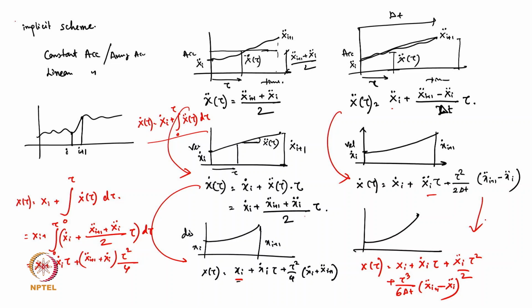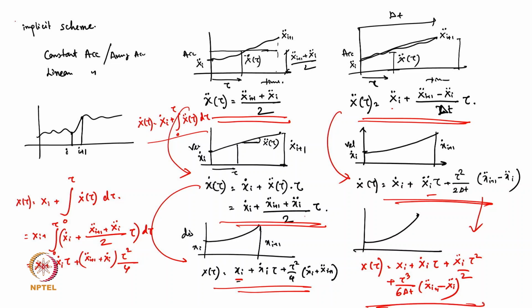So these are my first acceleration, then velocity, and then displacement. This is within the step. Okay, now we have to implement it for our solution, means in our equation of motion.